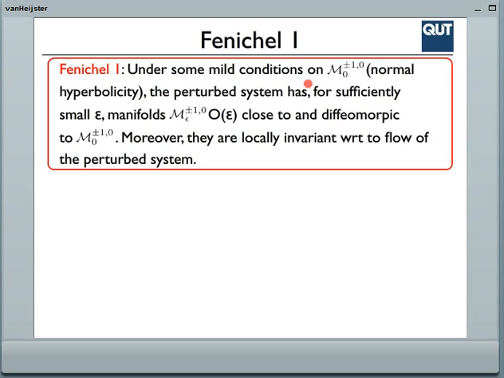So this M naught, they persist and are close to the old ones, they're also diffeomorphic.